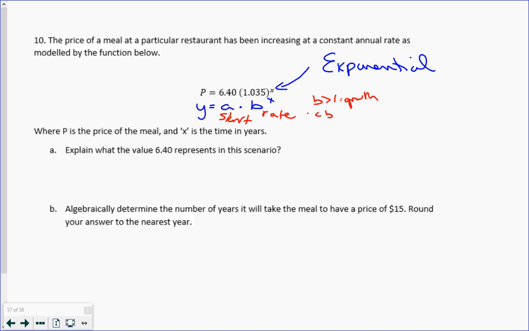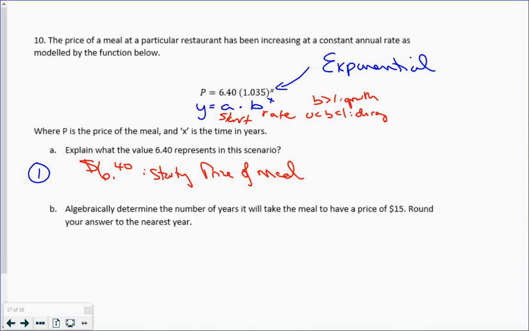If it was between 0 and 1, we called it decay. So in this scenario, what does the 6.40 represent? It represents the starting price of the meal. It's the initial cost. So you can say it any way that you like, but that right there is 1 mark.